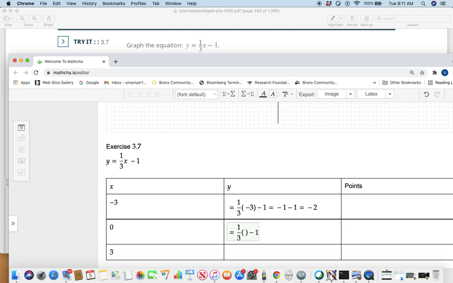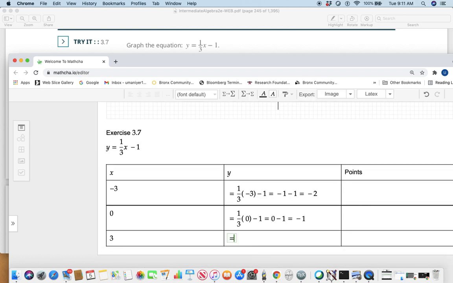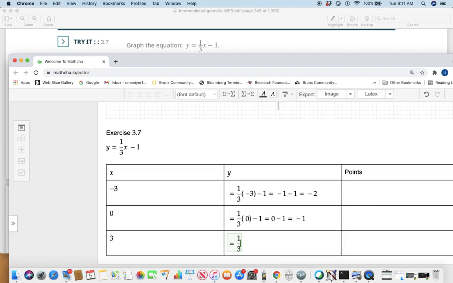What is x? 0. So 0 times anything is 0, minus 1, that's -1. Next, 1/3 x minus 1. What is x? 3. 3 reduces the 3 and you're left with 1 minus 1, that's a 0.